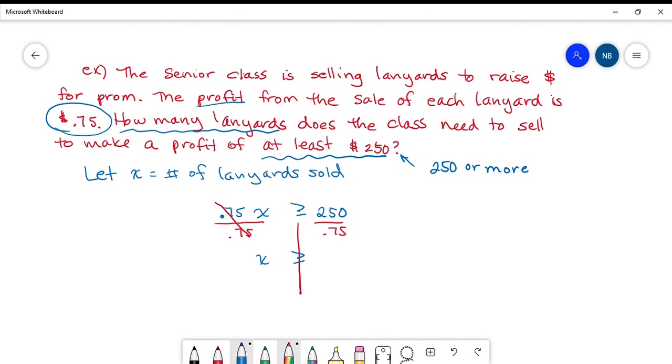Greater than or equal to 250 divided by 0.75 is 333.3 repeating lanyards. Now, of course, you can't sell 0.3 repeating of a lanyard, so they need to sell 334 or more lanyards, and they will meet their goals for their profit.